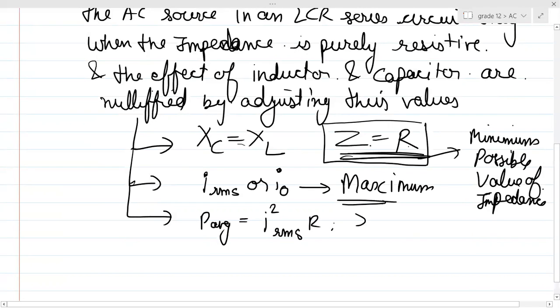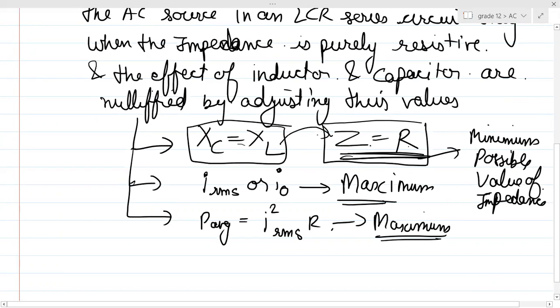This also becomes maximum. So you understood how exactly the power is becoming maximum? At this particular condition, the impedance is becoming minimum. Due to the impedance becoming minimum, the current in the circuit is maximum, and hence the average power is also maximum. Is this clear, guys? Yes, sir.